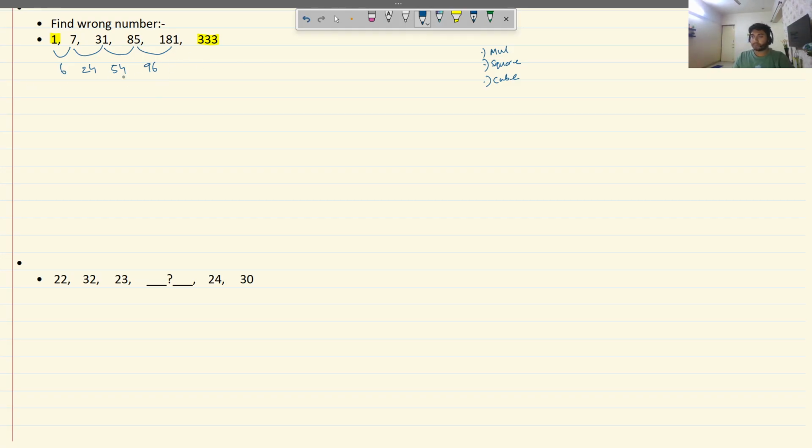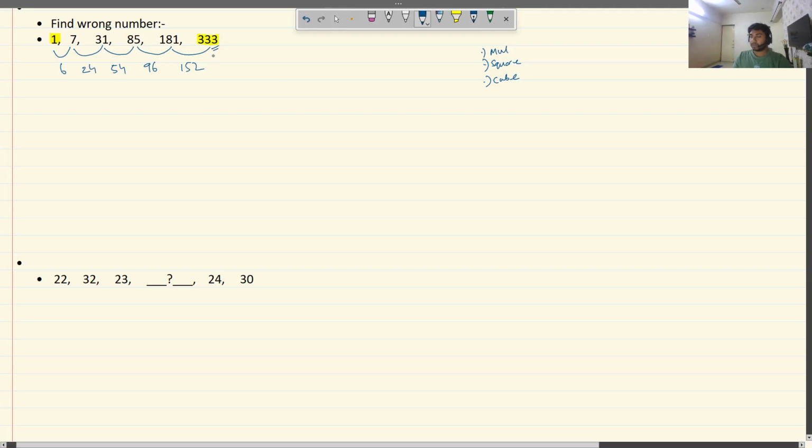So it seems that all the consecutive differences are multiples of 6. Let's see, 333 minus 181 is 152. 152 is not a multiple of 6. So I have a feeling that this number is my wrong number, but then what will be the correct number?